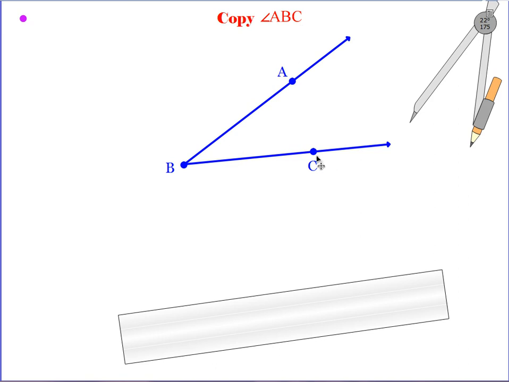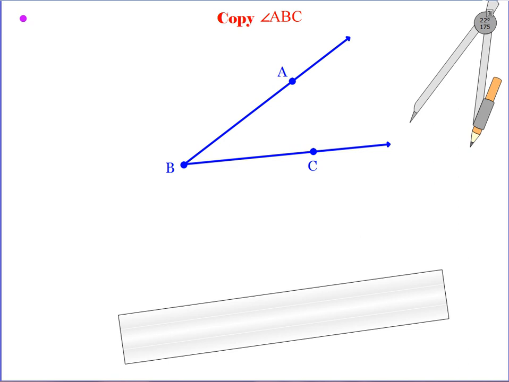I could go the other direction and go from C to B to A and create that same angle, so I could call it angle CBA. The one thing you need to remember in angle names, however, is that the middle letter always needs to be the vertex. If this angle stands alone with no other angles around it, sometimes you'll even just call it angle B.